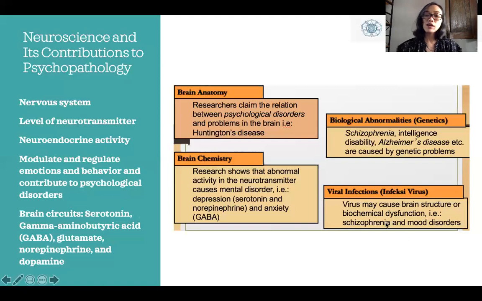And another one is viral infection. Viral infection may play a role in the dysfunction of brain structure and brain biochemistry, such as in schizophrenia and mood disorders. There's some research about that also. And recent research indicates that COVID-19 viral infection might be related to brain dysfunction too.